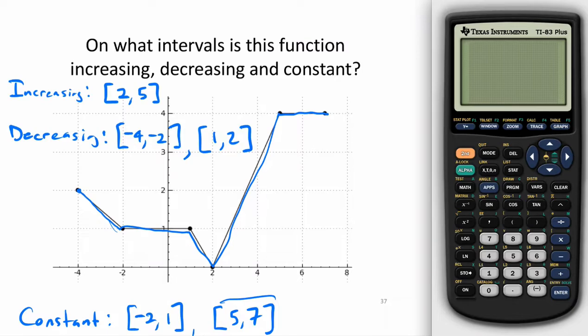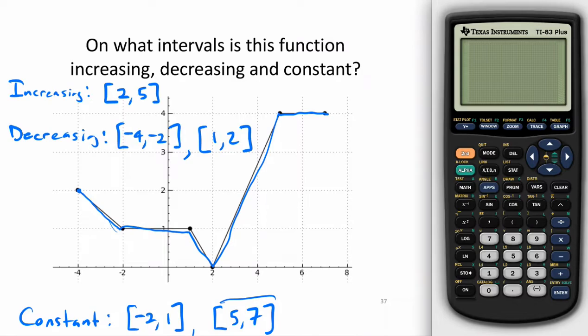For a continuous function, if we describe where that function is increasing, where it's decreasing, and where it's constant, those are the three options. And so if we have done this correctly, we should have covered the entire domain of the function in writing these intervals. And we have.